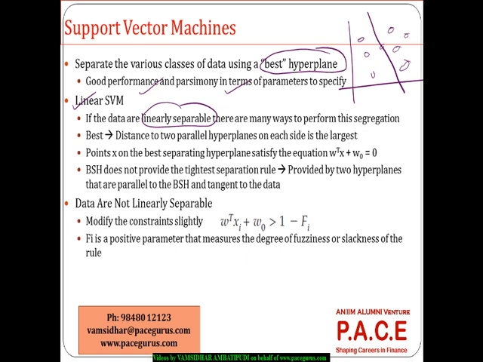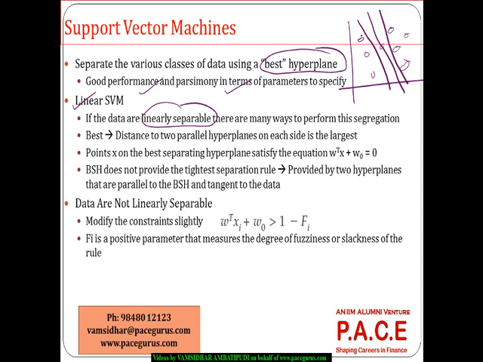I'll see whichever line has the largest distance to the two parallel hyperplanes on each side. I'm putting two planes which can do the segregation much better, and the distance between the two planes is the largest. That kind of planes I'm choosing.